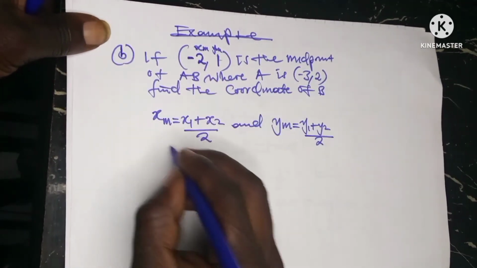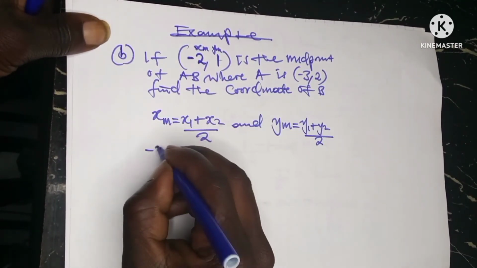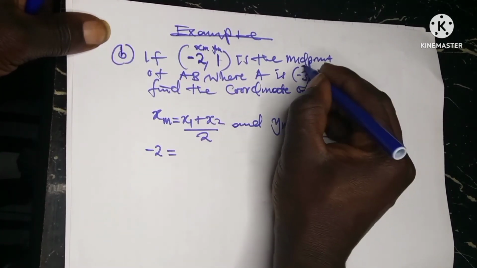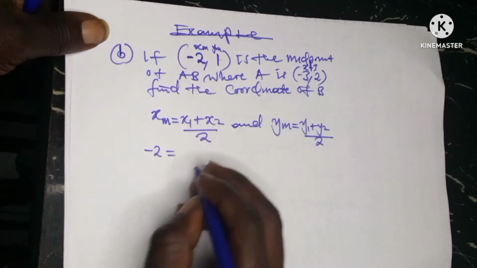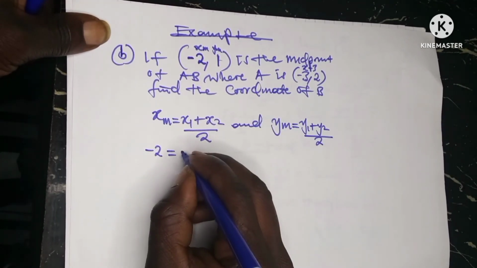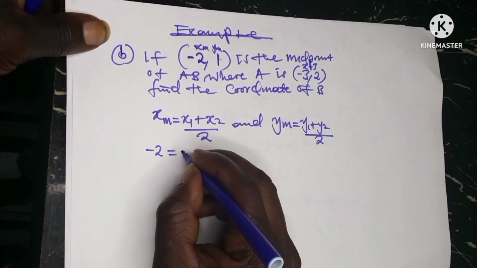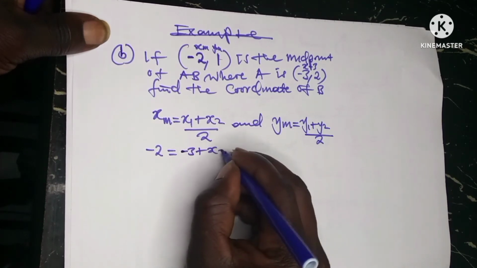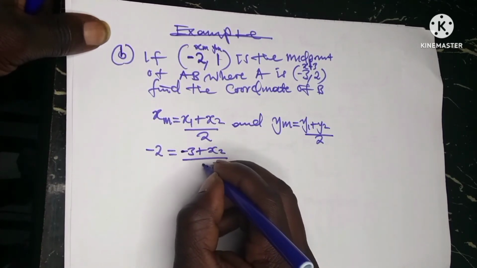So for x1 we have -3. So here it will be 2 equals -3 plus x2 over 2.